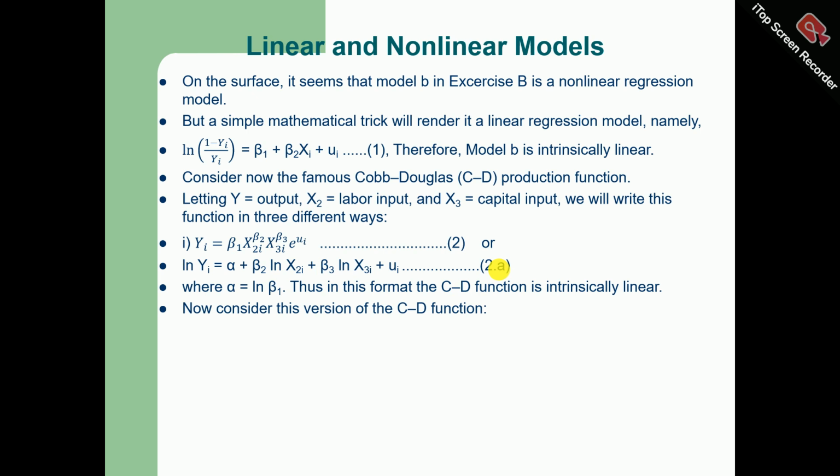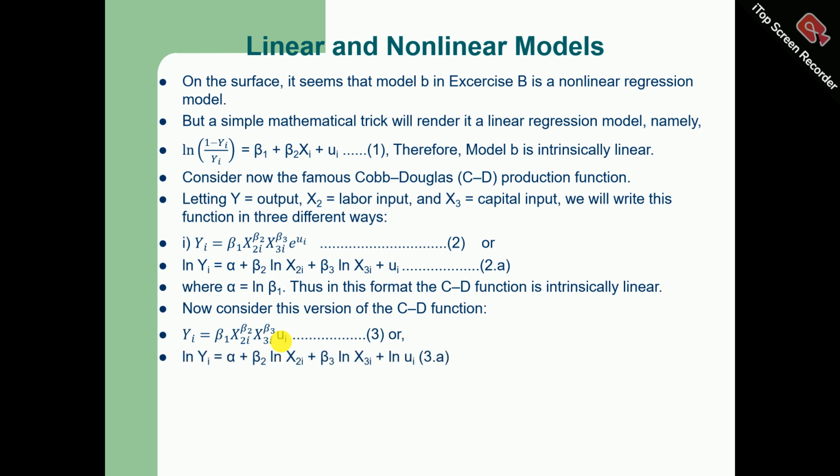We may consider another version of Cobb-Douglas production function in which there is no difference between 3 and 2, except in equation 1 the disturbance term is the exponent of e, or the power of e, whereas in equation 3 the ui enters this model linearly.